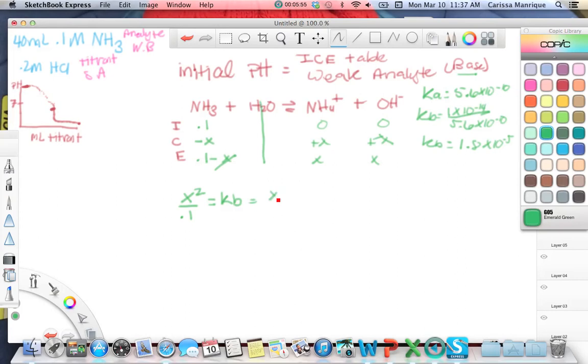And we could plug that in further. So x squared equals 0.1 times Kb, and Kb we know is 1.8 times 10 to the negative 5. So we're going to get x squared equals 1.8 times 10 to the negative 6.